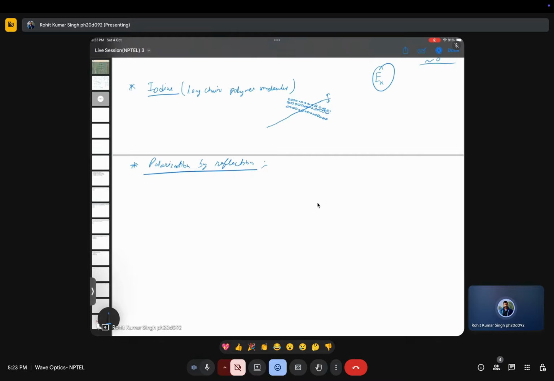So there are certain dielectric materials, okay, dielectric materials are basically what we call insulators, and when light is incident on them, and if this light is polarized in the plane of incidence, like this, okay, let's say this is the theta p, the angle of incidence, then you will not get any reflected light, okay, all the light will be refracted inside the material.